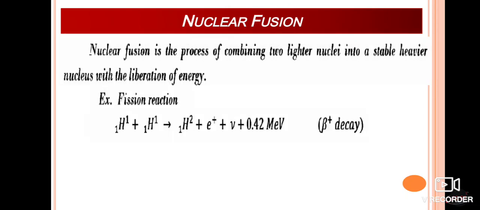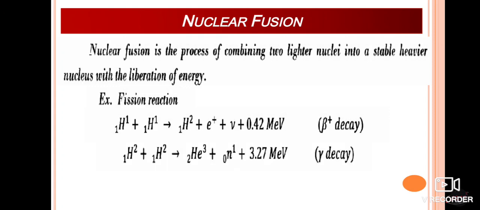The example for the fusion process is 1H1, that is hydrogen, plus 1H1, which gives you 1H2 plus a positron plus a neutrino plus 0.42 mega electron volt, that is in case of a beta decay. Then 1H2 plus 1H2 gives you 2He3 plus 1 neutron plus 3.27 mega electron volt, that is a gamma decay process.